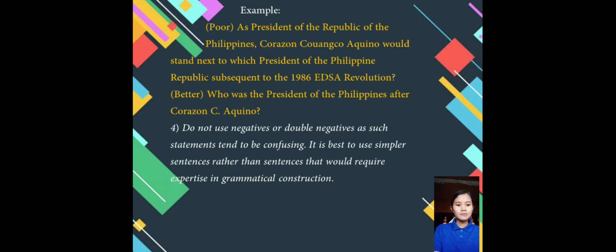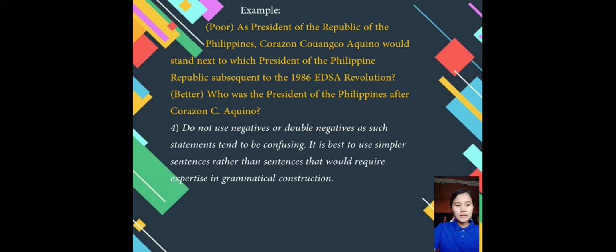For example, as President of the Republic of the Philippines, Corazon Aquino would stand next to which President of the Philippine Republic subsequent to the 1986 EDSA Revolution. Better use: who was the President of the Philippines after Corazon Aquino. So the effect of this is that the student may not be overwhelmed by a long stem or long question.